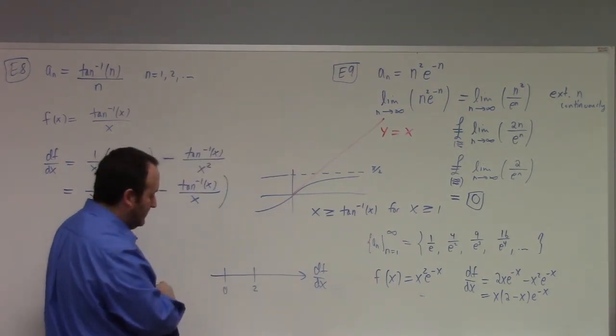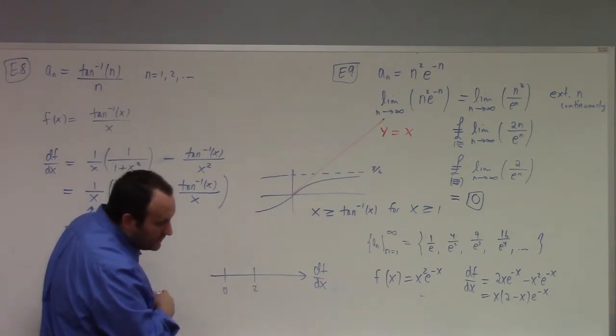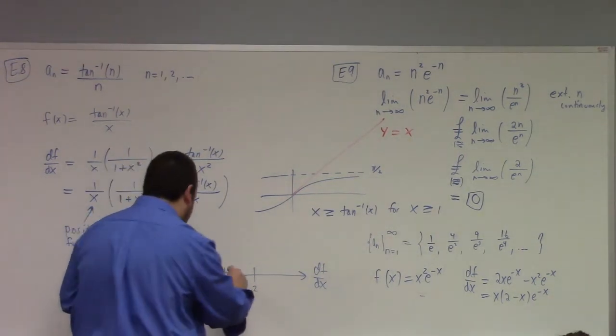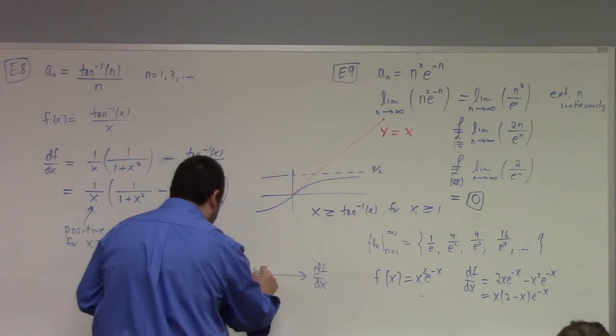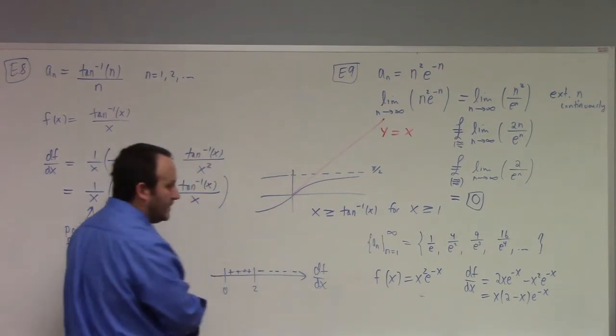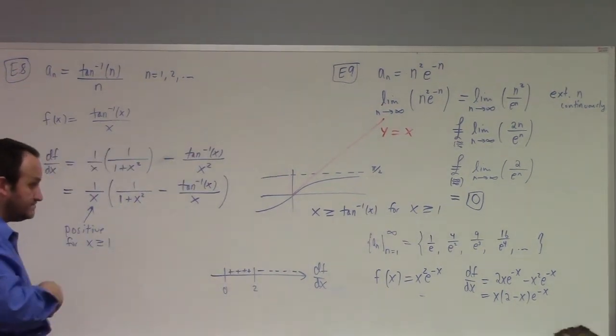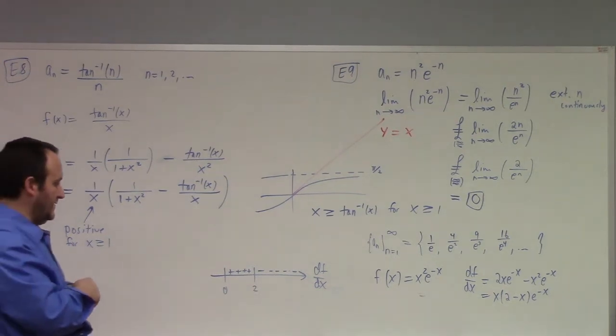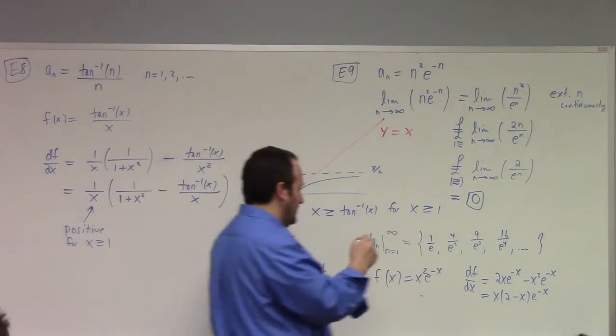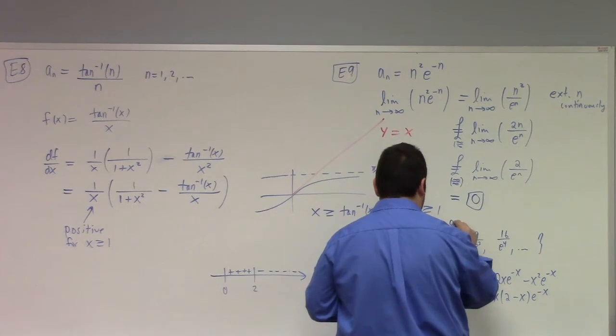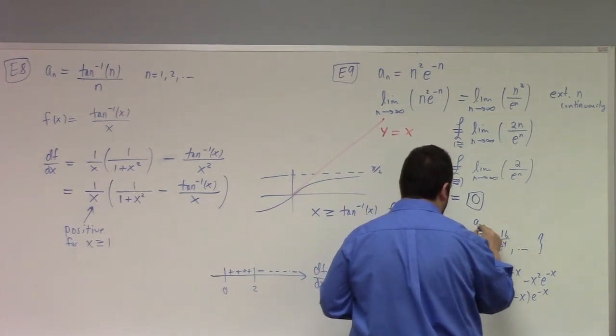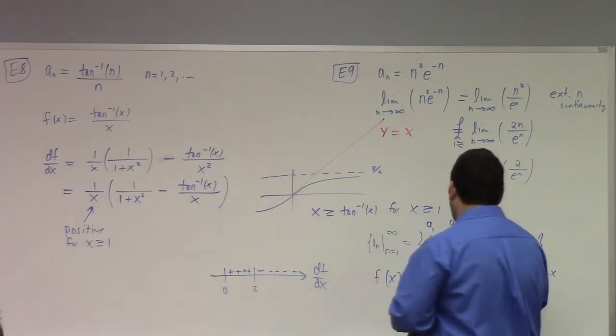If you plug in like 1, you get positive, and then you get negative. So it's a kind of funny thing. Is this sequence decreasing? Is it increasing?